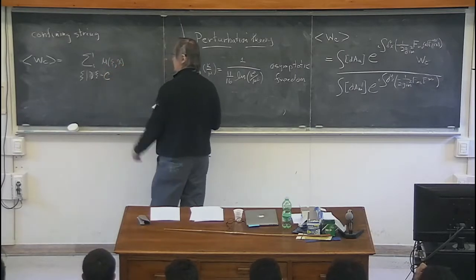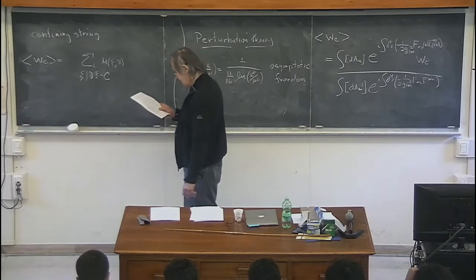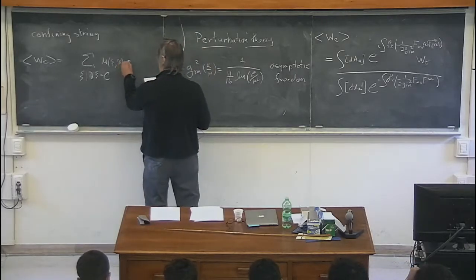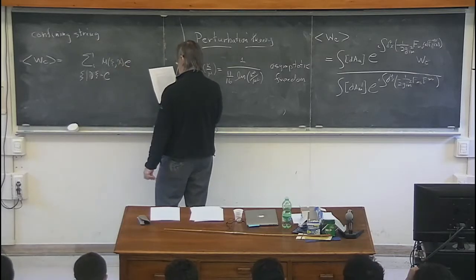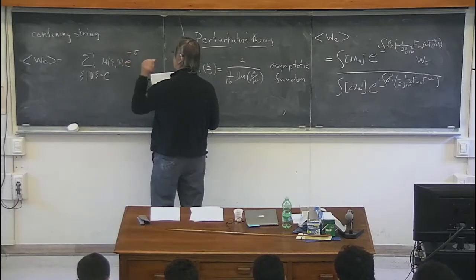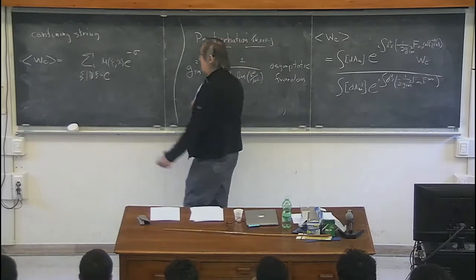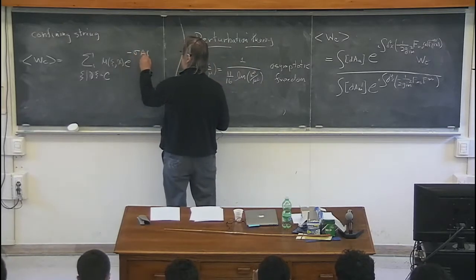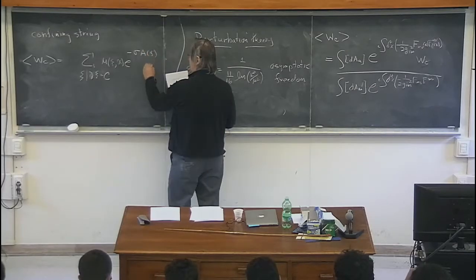It depends on the two-dimensional object and perhaps on the topology of the disk, which we could call the Euler character. And then this string tension should make an appearance, this e to the minus sigma from the area, and it should multiply the area of this two-dimensional surface, like so.